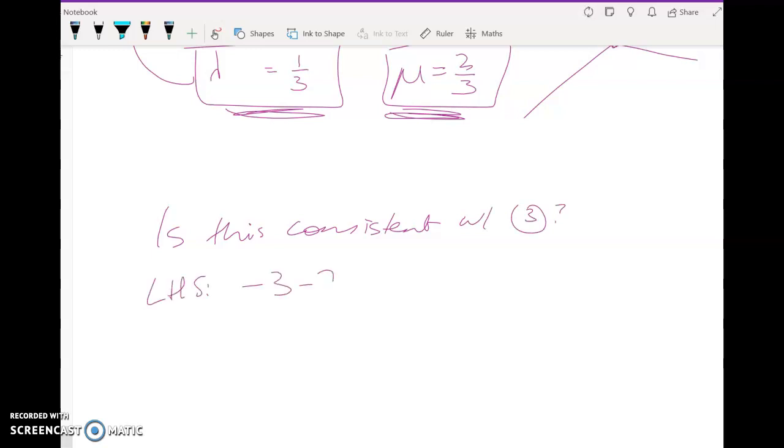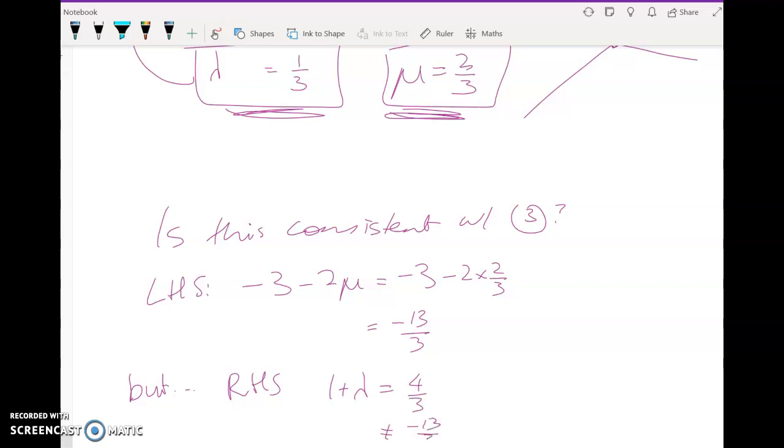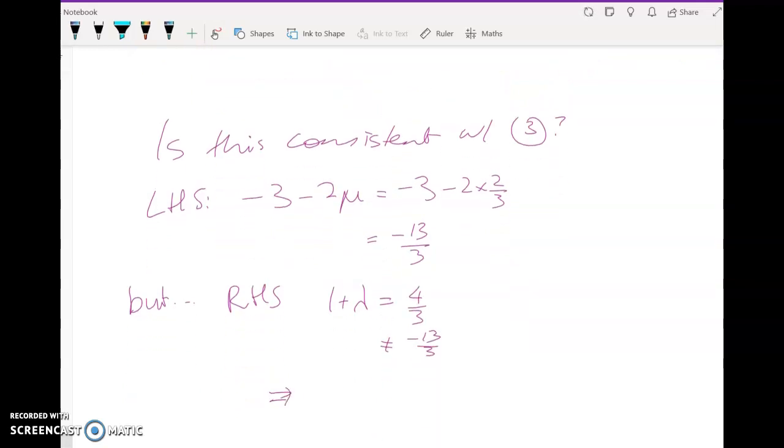Well, we've got negative 3 minus 2 lambda, which would be negative 3 minus 2 times 2/3. That gives me a value of negative 9 minus 4, negative 13 over 3. But the right-hand side is 1 plus lambda, and lambda is 1/3, so that equals 4/3, which is not equal to negative 13/3.